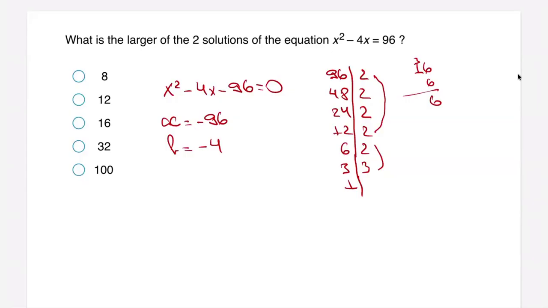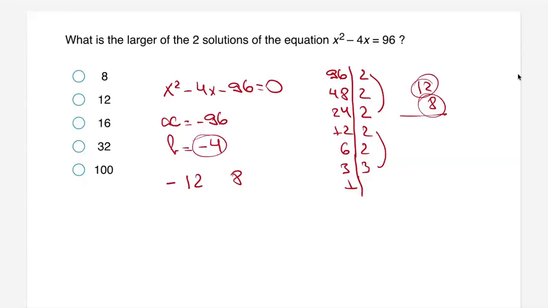16 times 6. Yeah. So I found the numbers. No, because the summation is not minus 4. So I need to find another one. It will be 8 times 12. Yes. And then if I do minus 12 plus 8 to be minus 4, I found it.